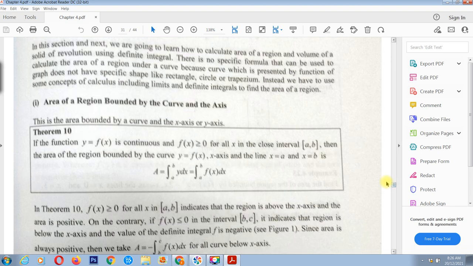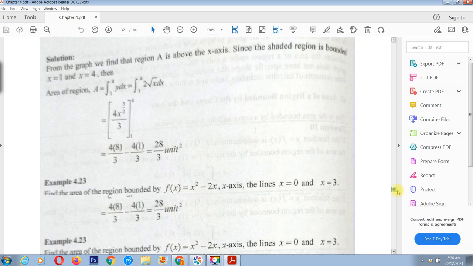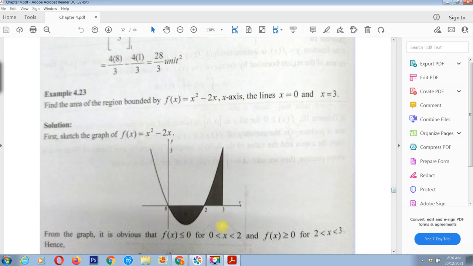Area. From integration, we can know the area under the curve, the area between the axis, and so on. So we can calculate the area. Before integration, how did we measure the area?